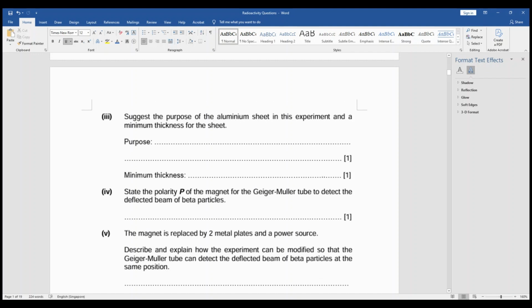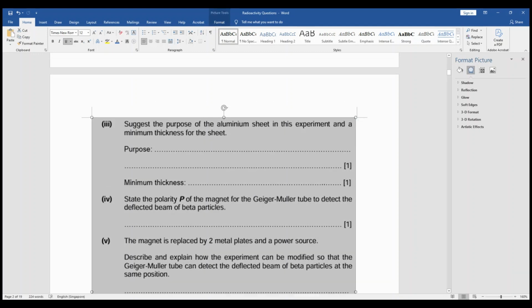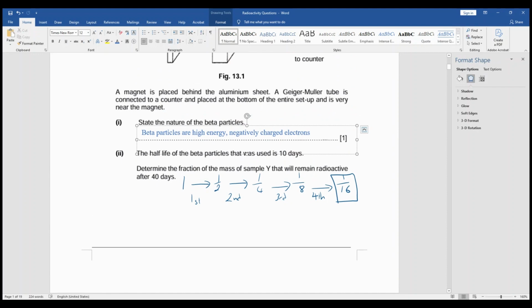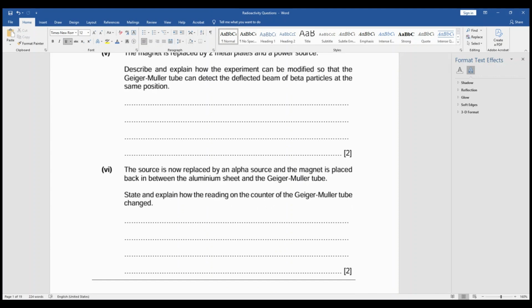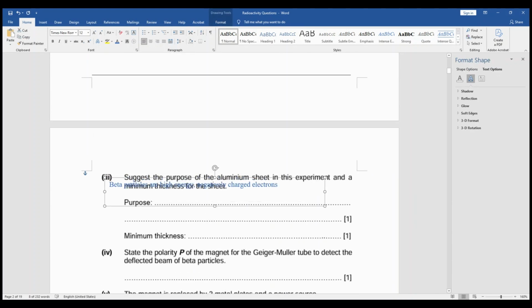Okay, so number one, this one. The purpose is to direct the beta particles through the magnet.